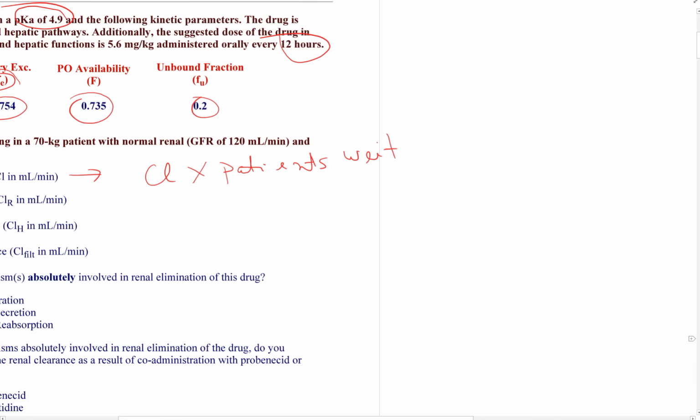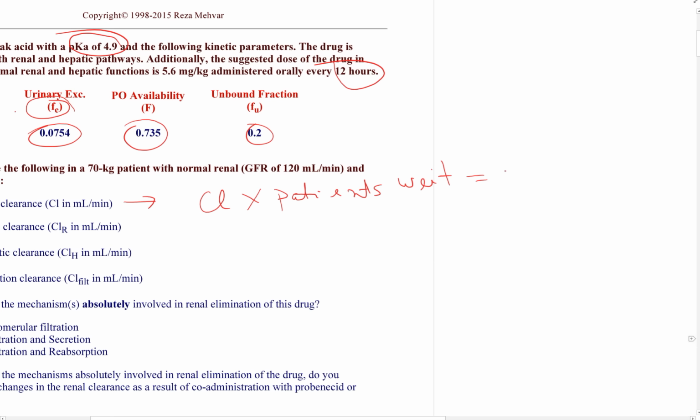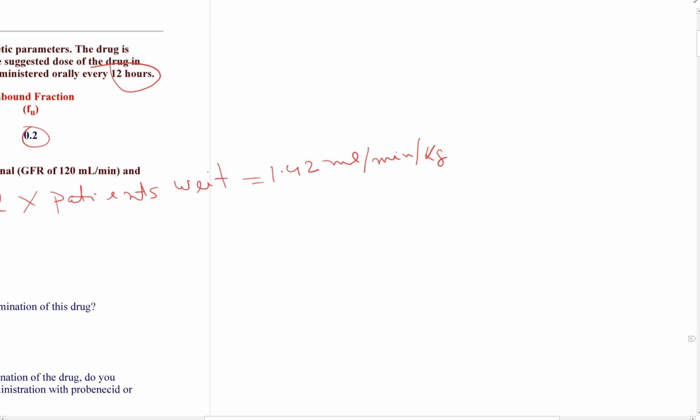Then you calculate. Our clearance is 1.42 milliliter per minute per kilo, times the patient weight of 70, which is 99.4 milliliter per minute.